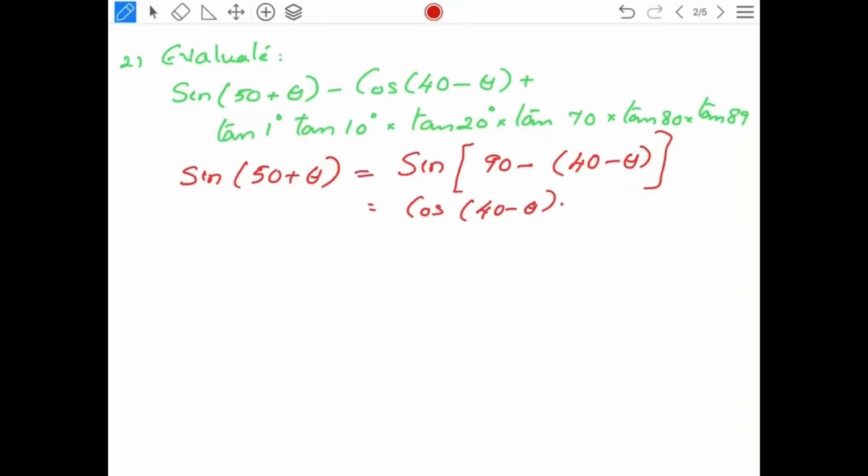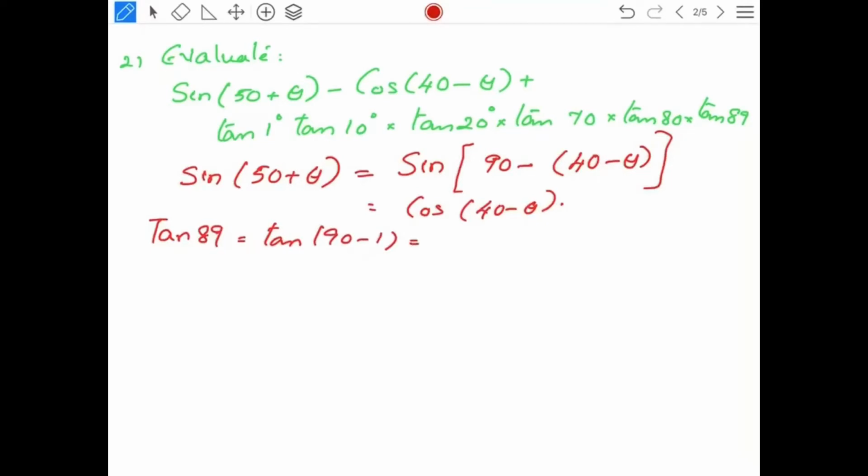Similarly, now here we have tan 1, tan 10, tan 20, tan 70, tan 80 and tan 89. If you see, 1 and 89 are complementary angles, 10 and 80 are complementary, and similarly 20 and 70 are complementary. So we will convert tan 89 is equal to tan 90 minus 1.